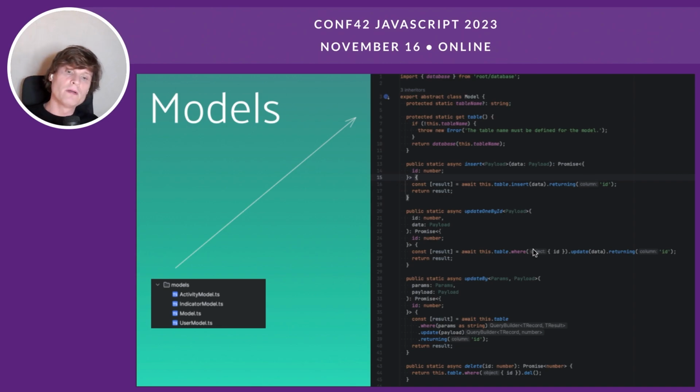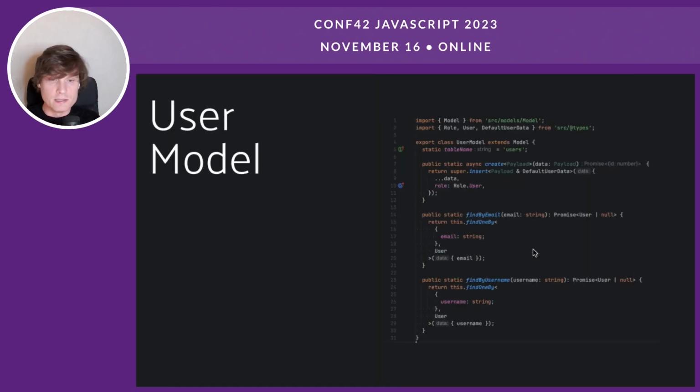In order to start building our service, we're going to use some base abstract model, which is going to deal for us with requesting data from the database. So this is the base model, and based on the base model, we're going to build our models for indicators, for user, and for activities.